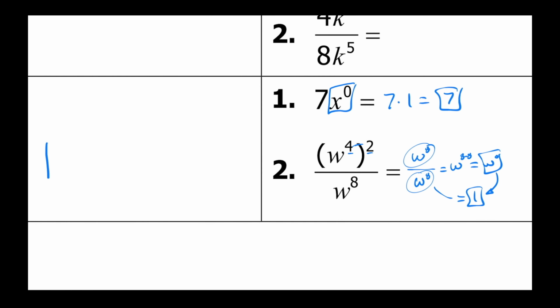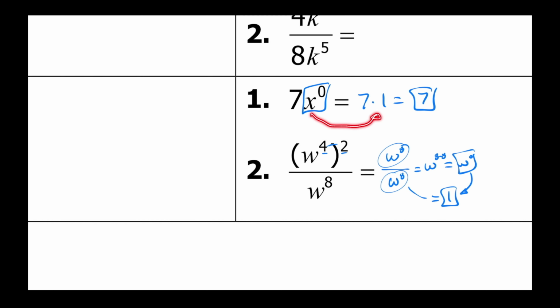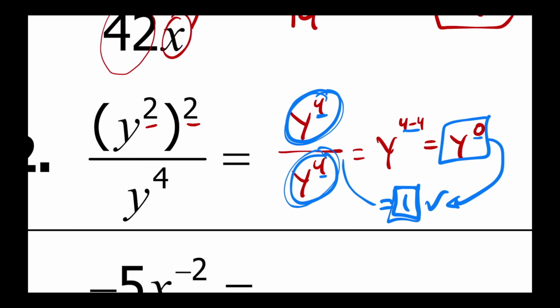Why? Because the 0 power just means I subtracted the same exponent, which means I had the same exponent over the same exponent, and same over same is 1.